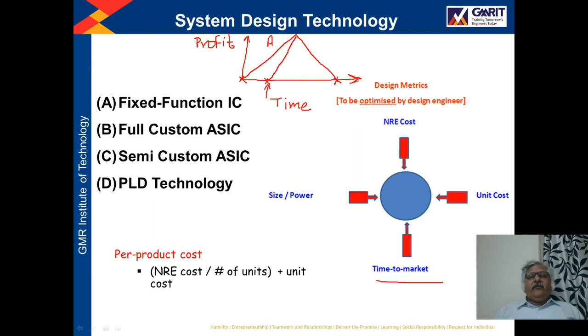It will reach a maximum peak, then again it will decrease, and the product will be out from the market. So this graph is for company B. The area under this graph will be the profit earned by company B from that product. So obviously the area of this triangle of company B is less than company A.